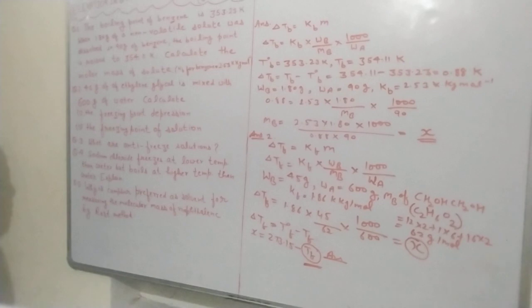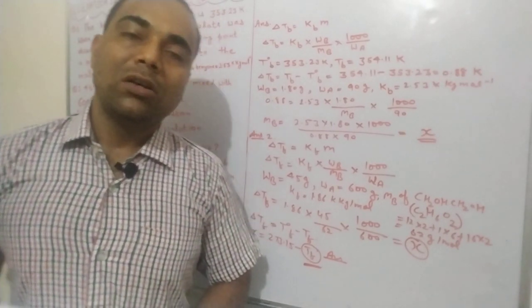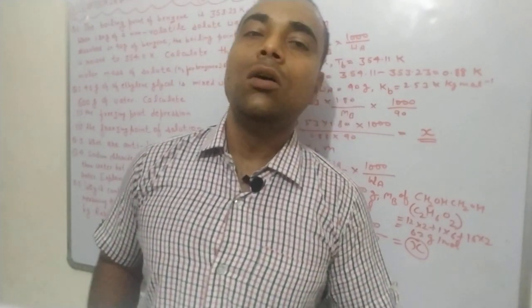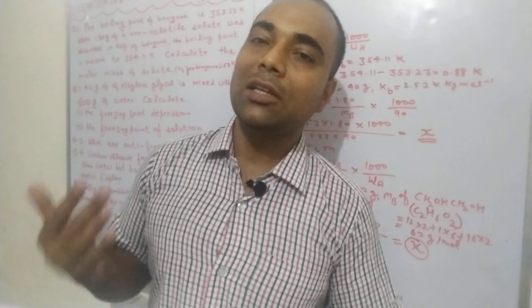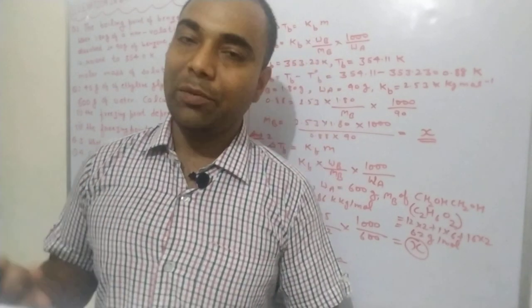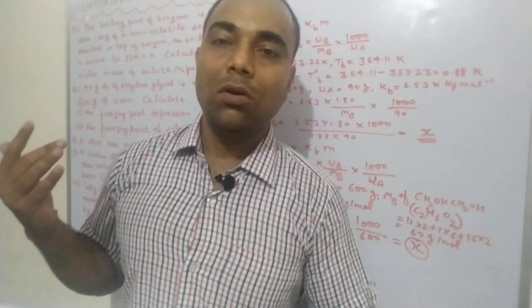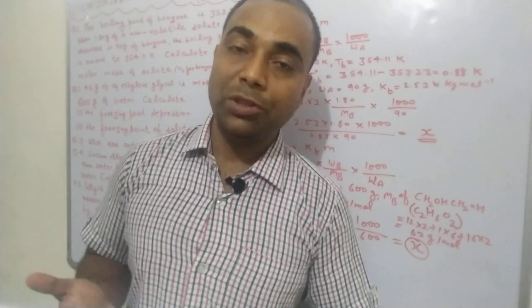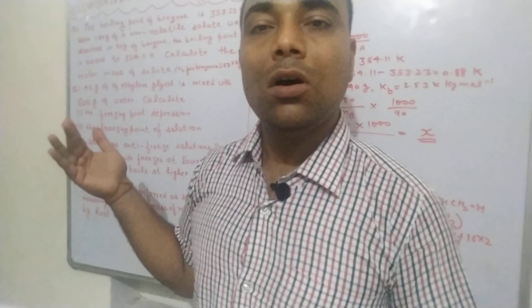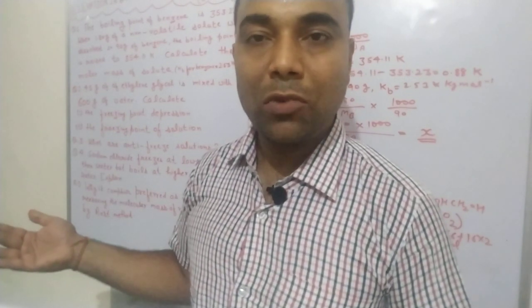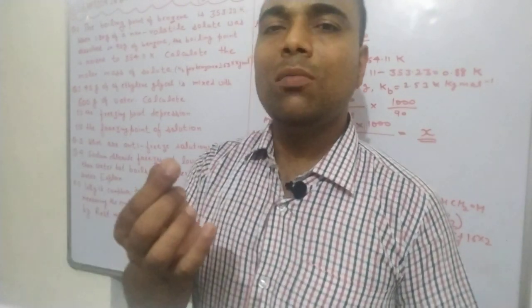Now question 5: why is camphor preferred as solvent for measuring the molecular mass of naphthalene by the Rast method? The Rast method is used for determination of the depression in freezing point or melting point. Camphor has a large Kf value, so it will lower the melting point of the solution after addition of a small amount of solute.